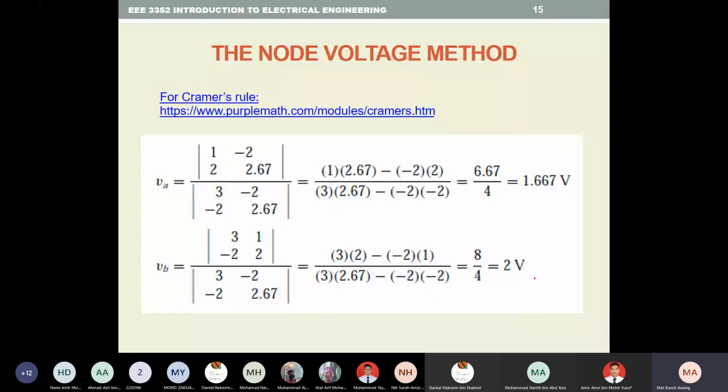So let's say it's VA, VB, VC. If you want to find VA, then you replace the VA coefficient, and the coefficients of VB and VC stay, divided by the determinant of the matrix. So you calculate.